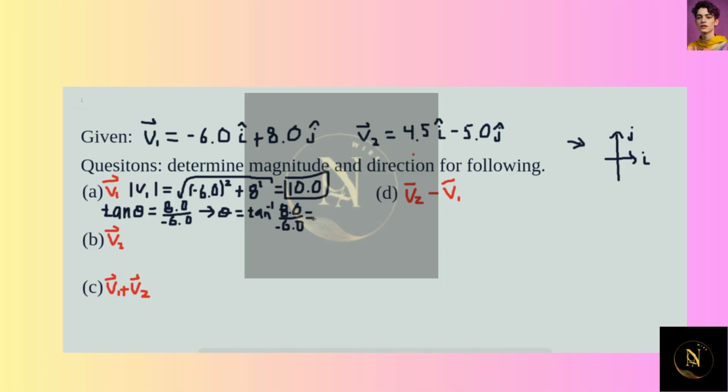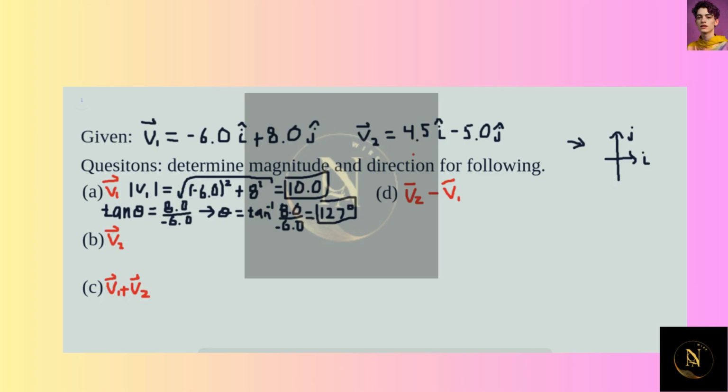If you do that operation, this comes out to be 127 degrees. Go ahead and box that in. So there's the magnitude and direction for A.